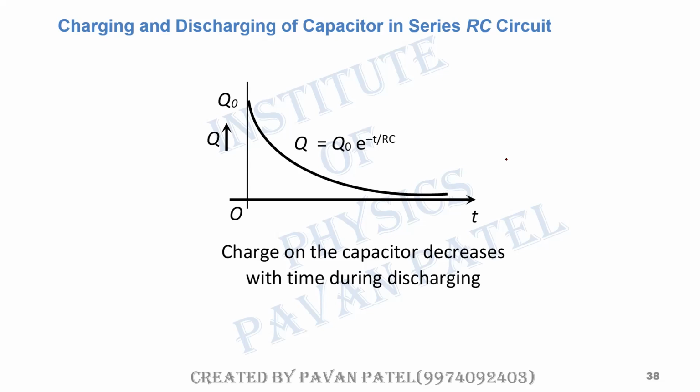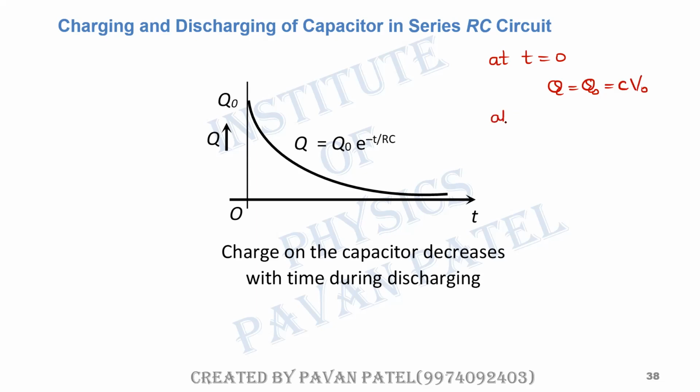Right? During the charging and discharging process, we discussed the graph. In the charging process, charge was increasing. In the discharging process, charge will decrease like this. Please remember that at t = 0, again the charge is Q0, which is equal to CV0.